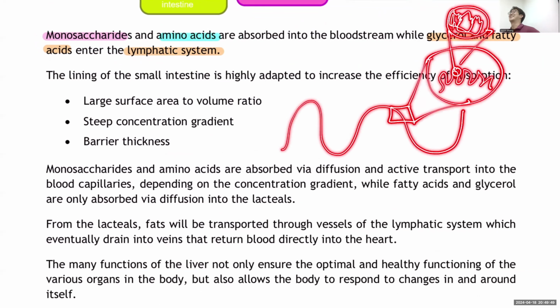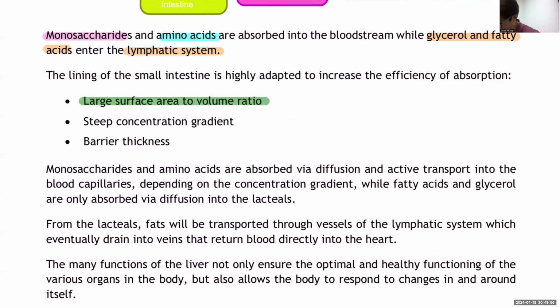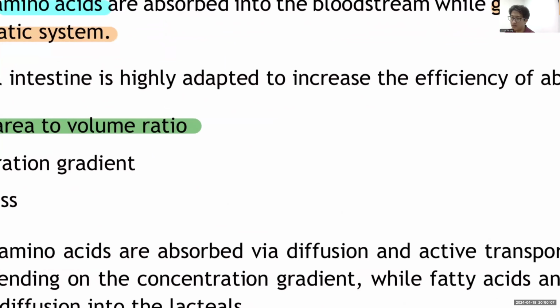Look at this one, the most important one. The large surface area to volume ratio in the small intestine is achieved by 3 levels of structures. 3 things, okay, from largest to smallest.